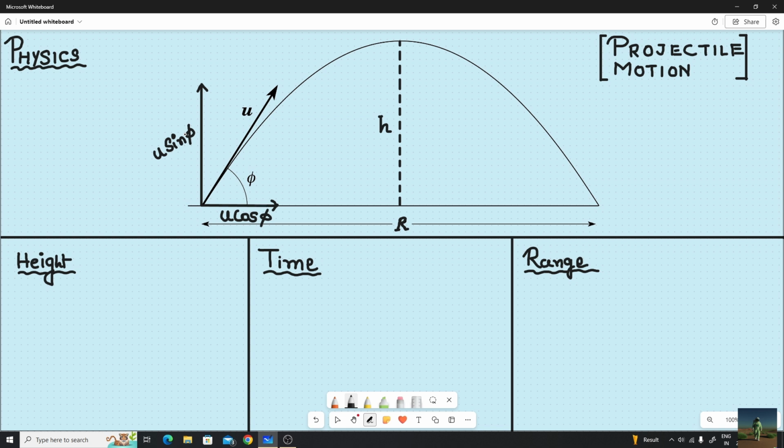Now whatever displacement there is in the y direction, that is due to the y component of the velocity, and for the x direction that will be due to the x component of velocity.